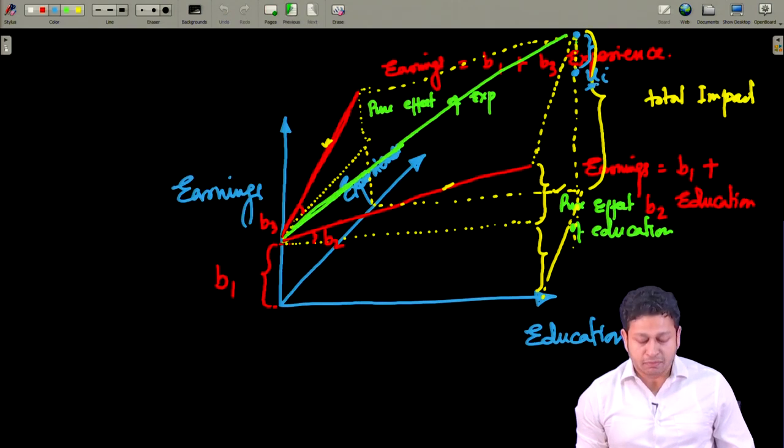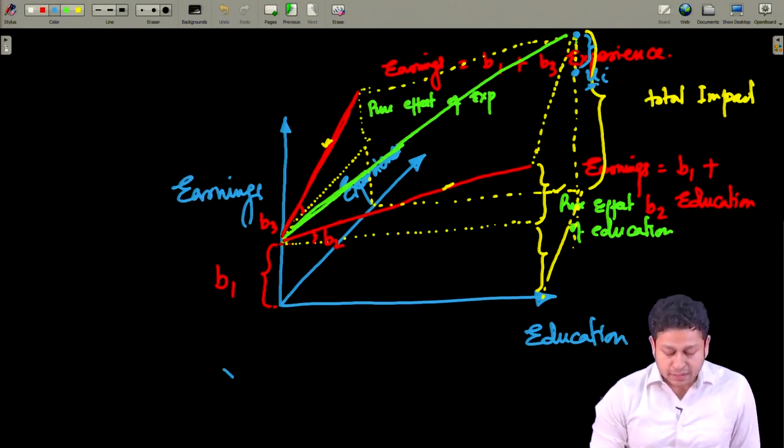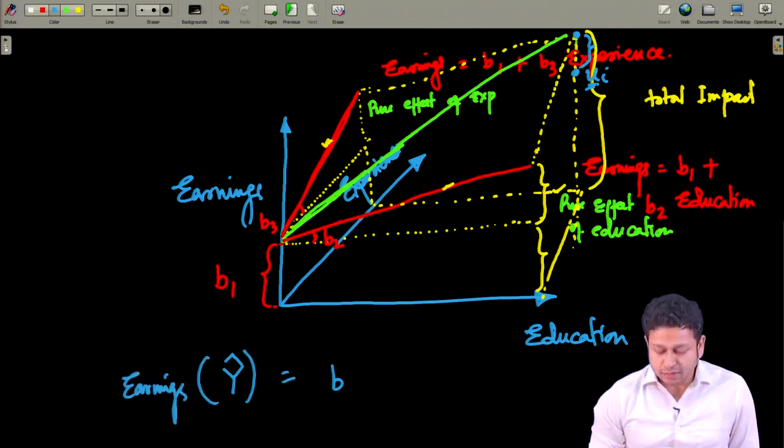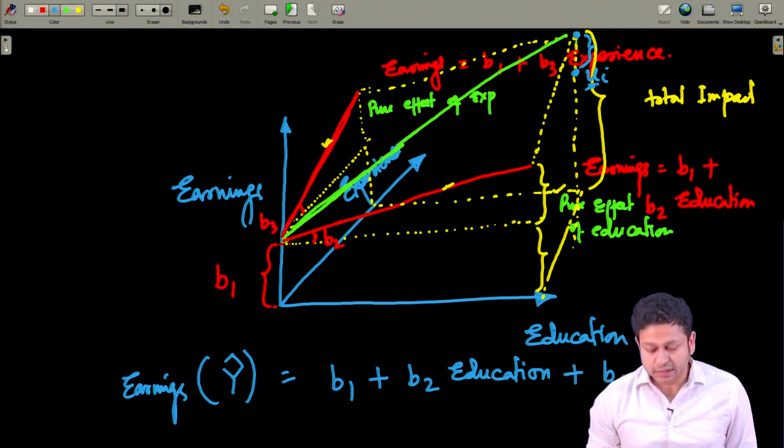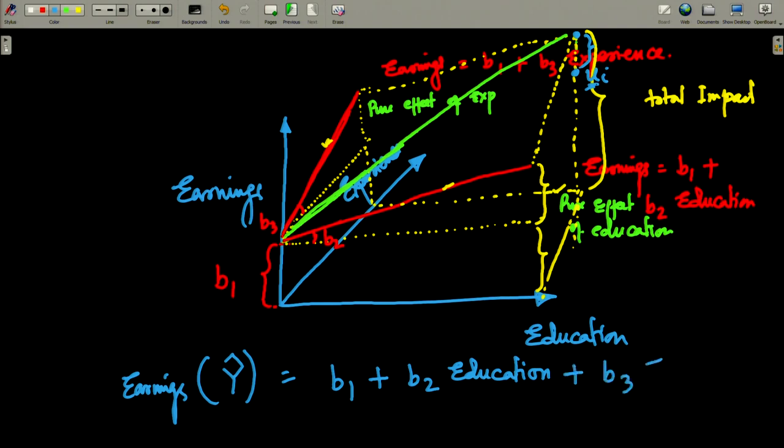So, for multiple regression, my equation is going to be, again, my earnings or y hat is essentially B1 plus B2 into education plus B3 into my experience, right. So, this is my predicted regression equation, which I am trying to derive from the different explanatory variables.